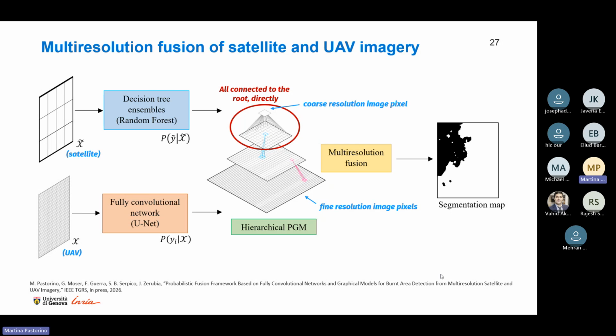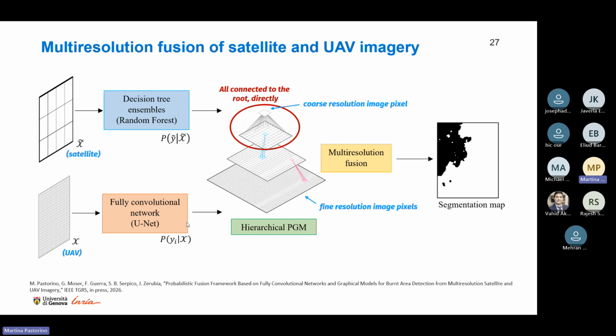So we have this irregular quad tree, and the first layer, the root layer, has many more connections with the second layer. And we can define again a hierarchical Markov random field on this quad tree. What you see in this picture are also the methods we use to extract the posterior probabilities.